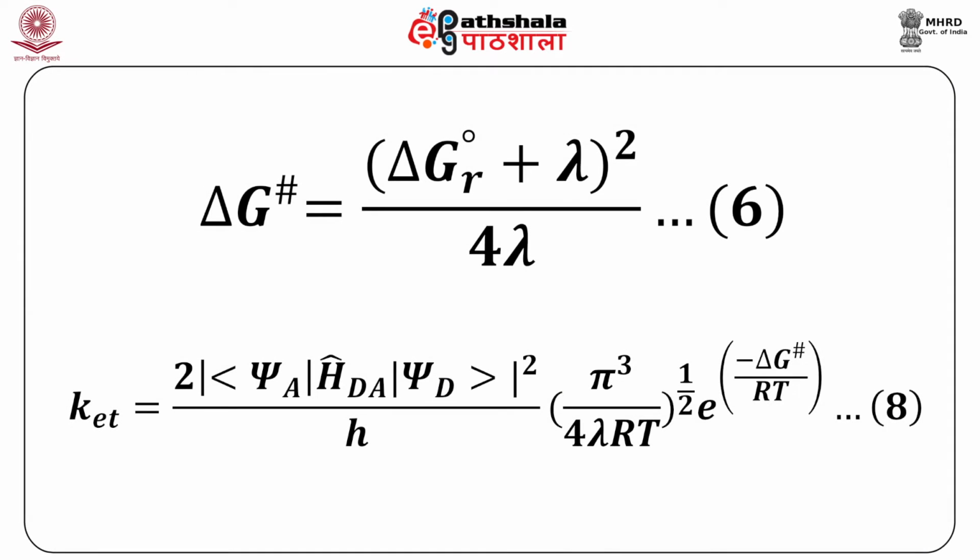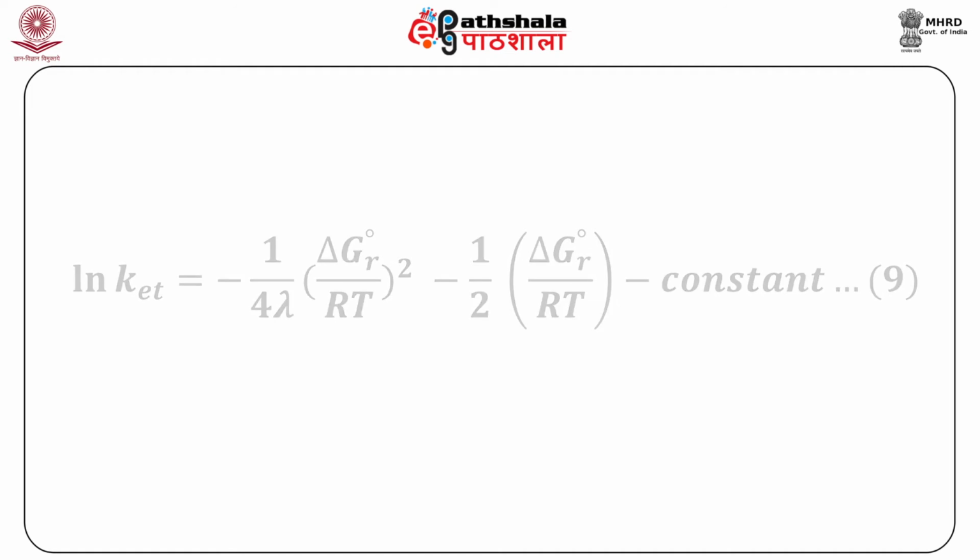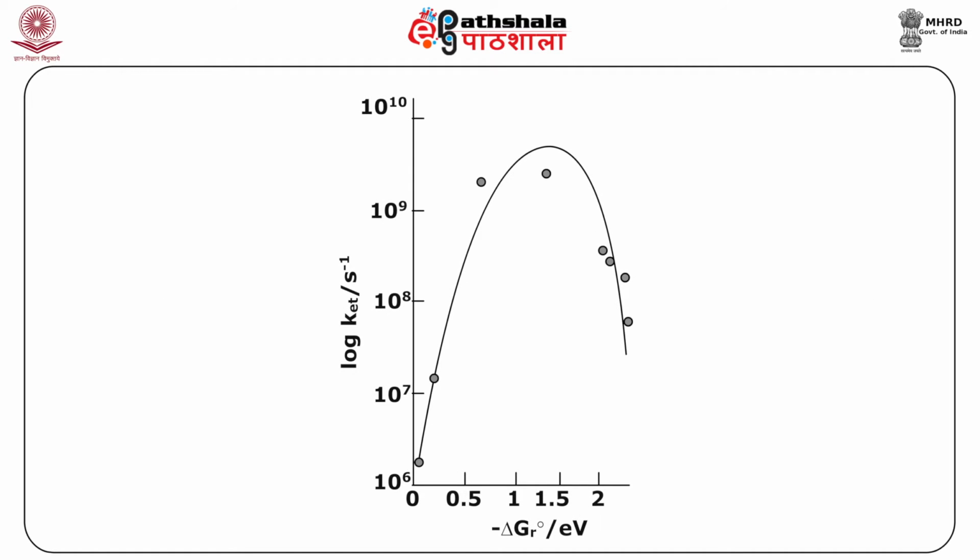From equations 6 and 8, we have equation 9, and a plot of ln k or log k versus delta G R naught is observed to be a downward parabola.